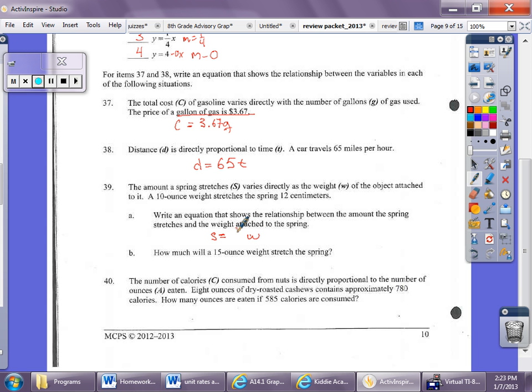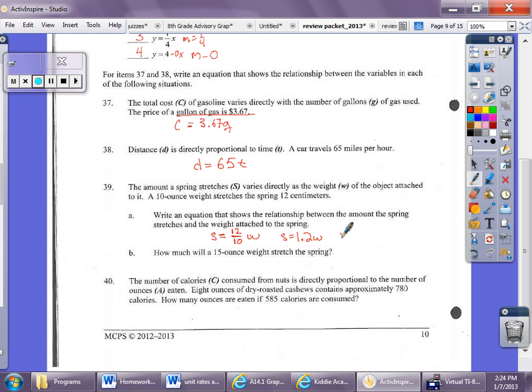This time, unlike 37 and 38, it didn't give us the constant rate of proportionality, so we have to figure it out. We know that a 10-ounce weight stretches the spring 12 centimeters. So 12 centimeters over 10, 12 divided by 10, is 1.2. So we know that our equation is S equals 1.2W.